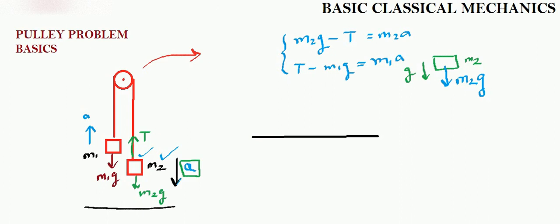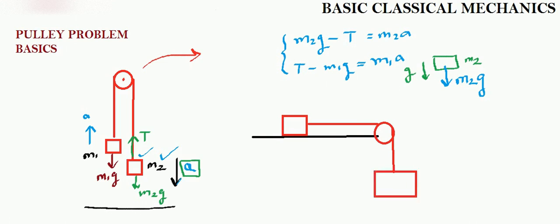Agreed? So consider you have a block here, and from here a wire goes, and then you have a pulley over which the wire is going. Okay, and then you have another block attached to this wire. Agreed?